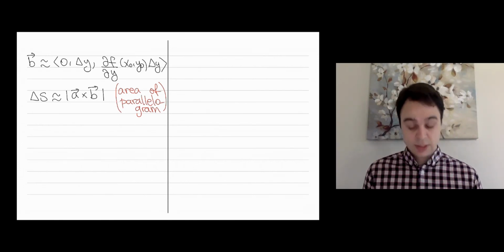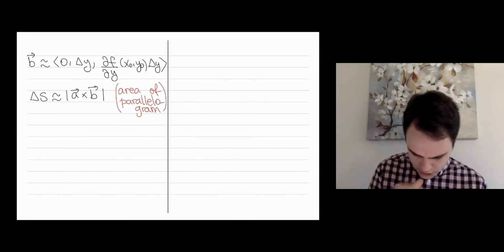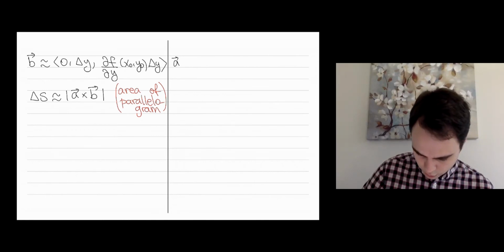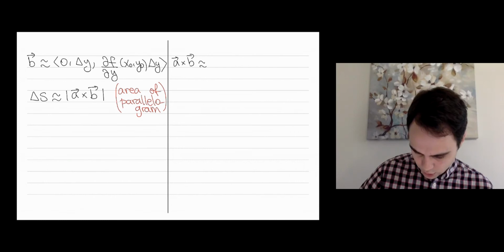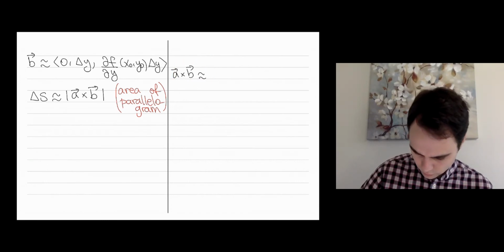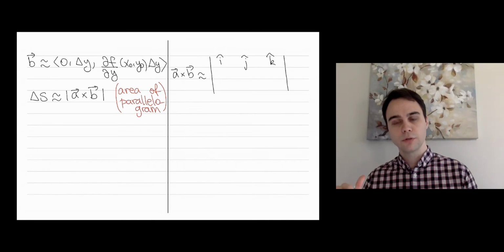Now delta S is the length of this cross product. Now what's this cross product? Let's work it out over here. So A cross B is approximately, let me just put I, J, and K along the first row.